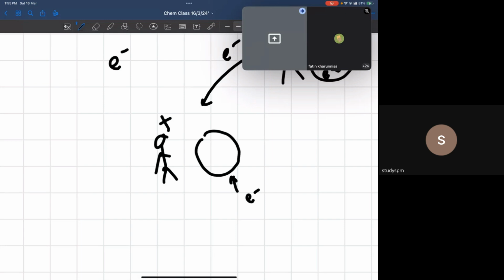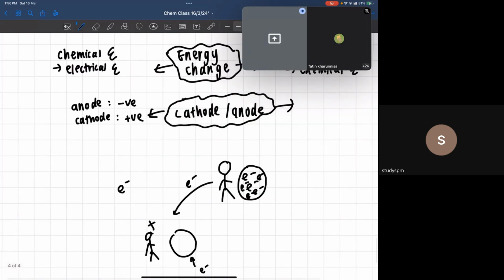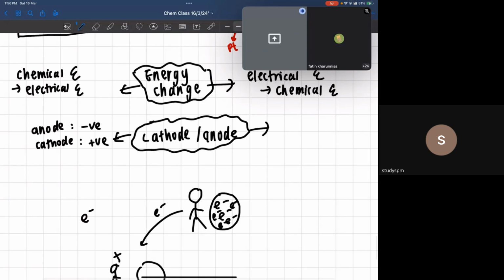That's why they want to accept the electrons. That's why the cathode undergoes reduction, accepting electrons. Okay? Okay, so this is the detail, the reason behind.